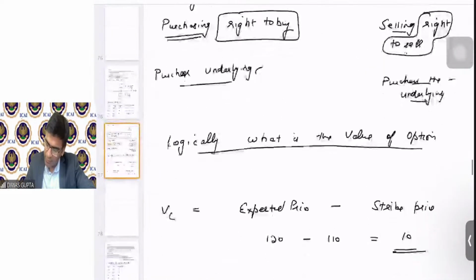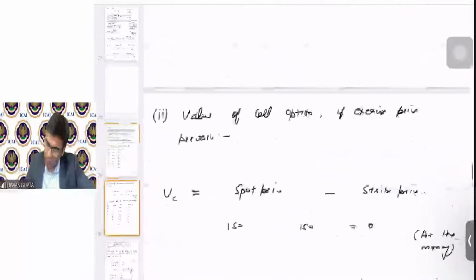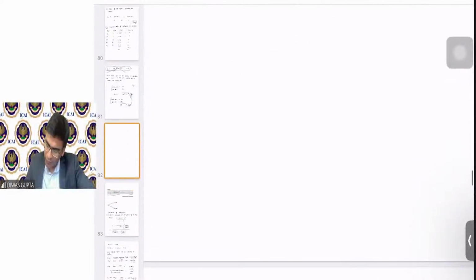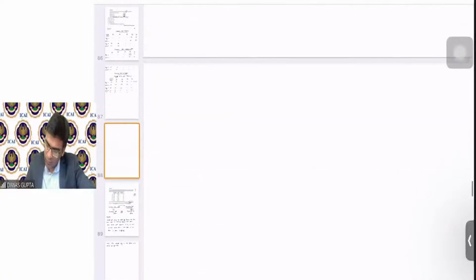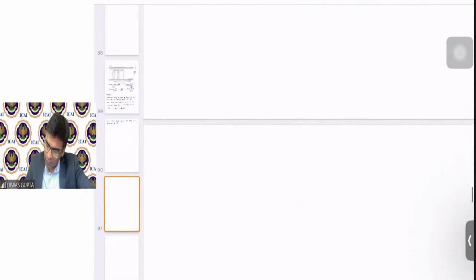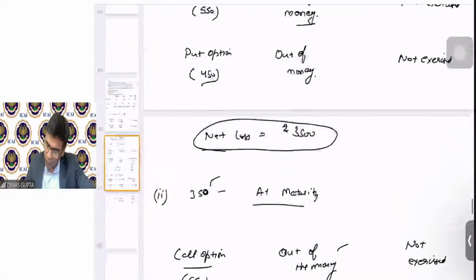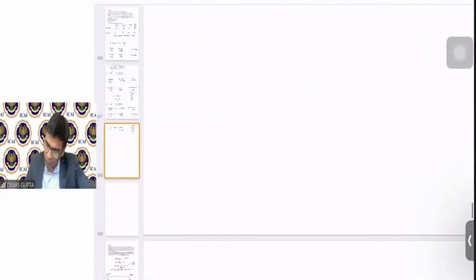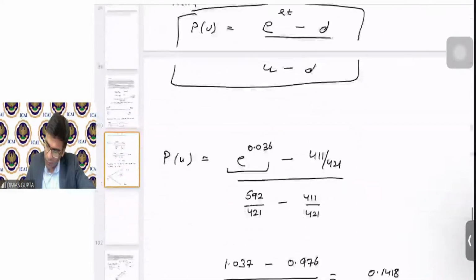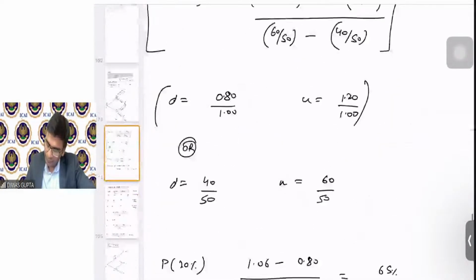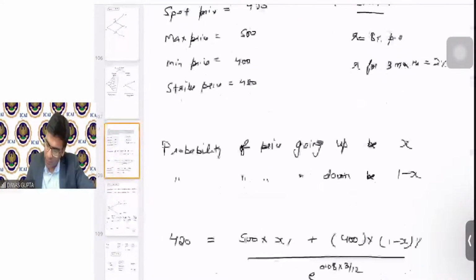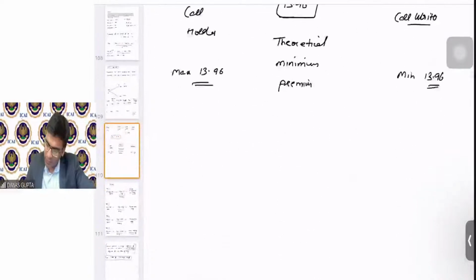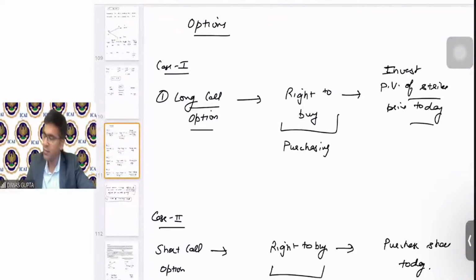Let me just find it. It's question number 2, question number 3 we did today, and the binomial model we were discussing yesterday. Yes, these are the cases.